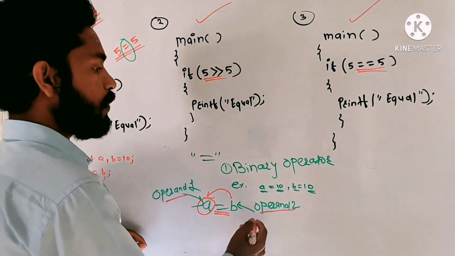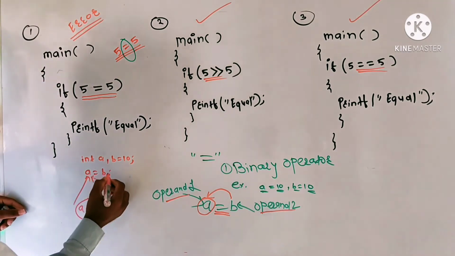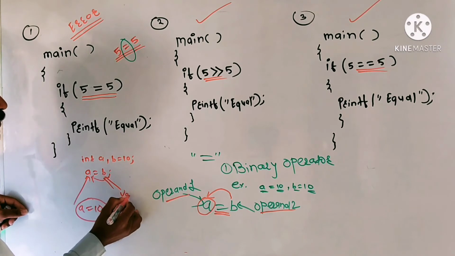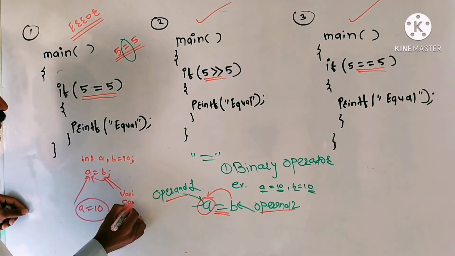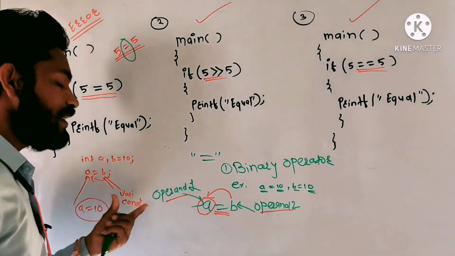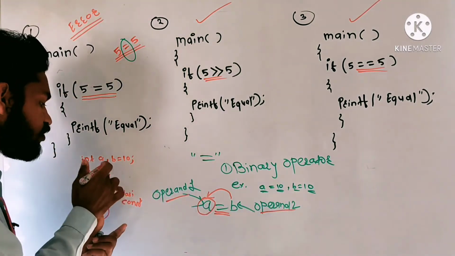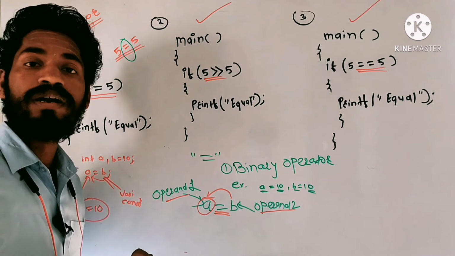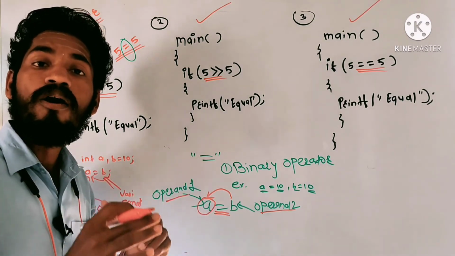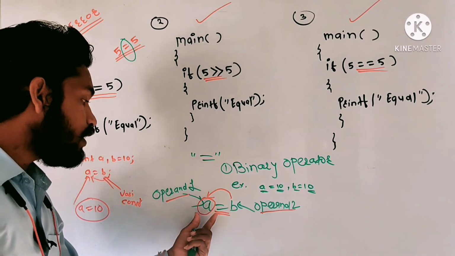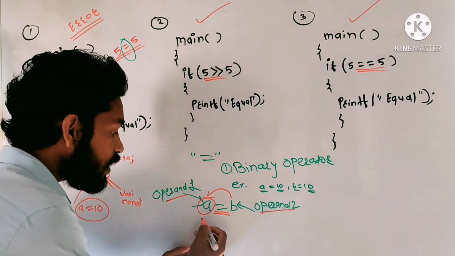Operand 2 may be a variable or a constant, because there is no effect on operand 2 because of the assignment operator. But there is an effect on operand 1.